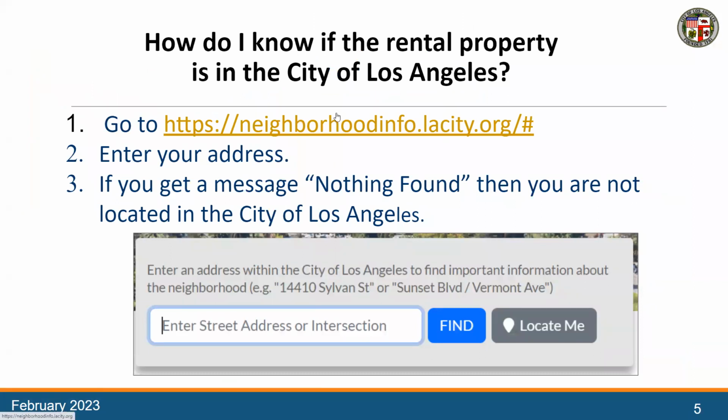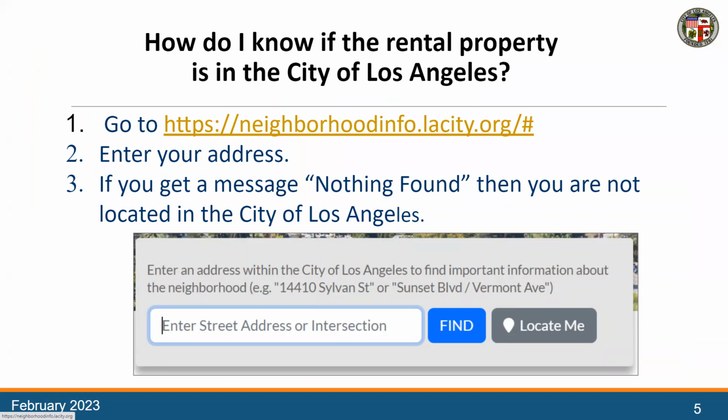Okay, this is another great tool. How do I know if the rental property is in the City of Los Angeles? This website, neighborhoodinfo.lacity.org, is another excellent tool to query if your address is located in the city.